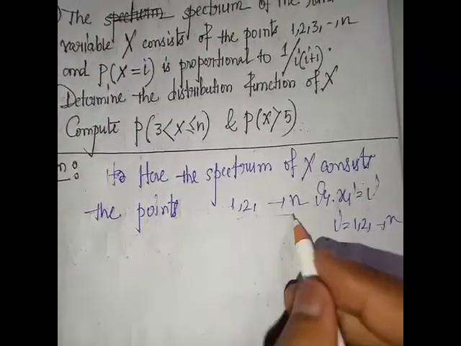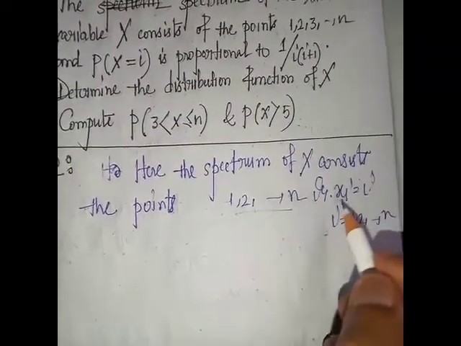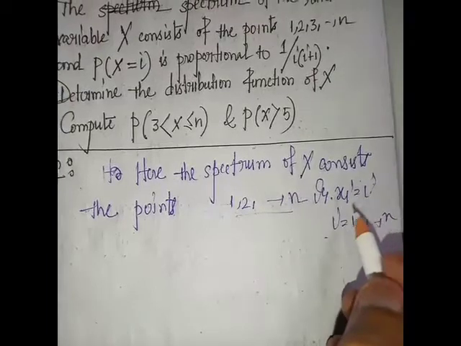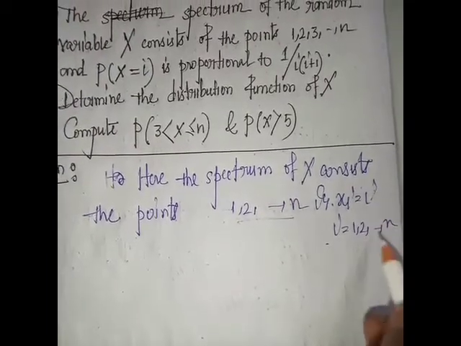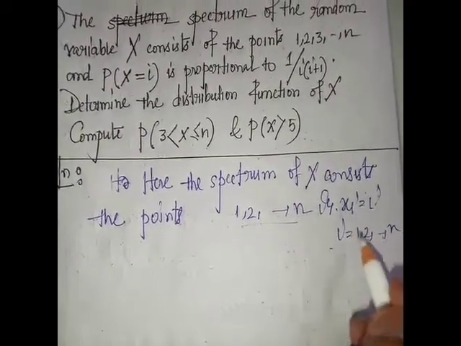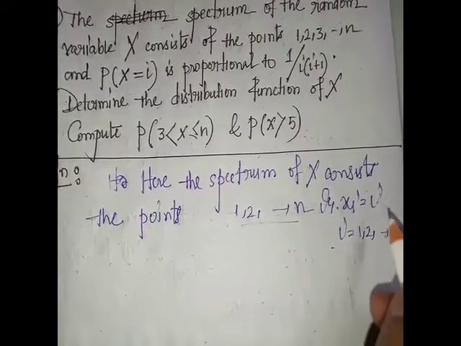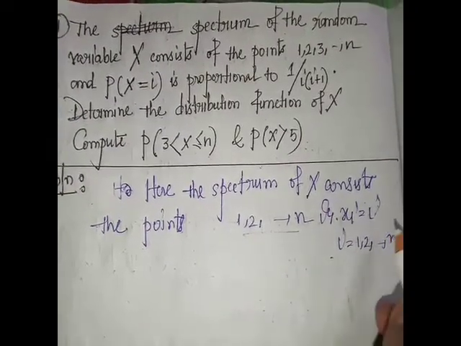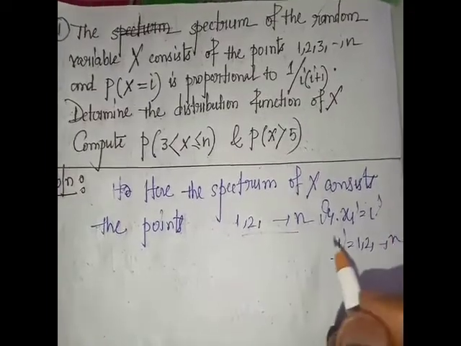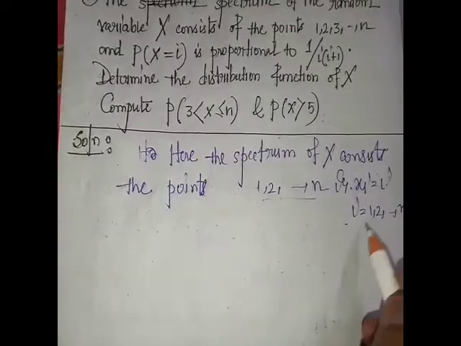This means the spectrum consists of points x_i, where x_1 means 1, x_2 means 2, x_3 means 3, and x_n means n. The spectrum contains these points.